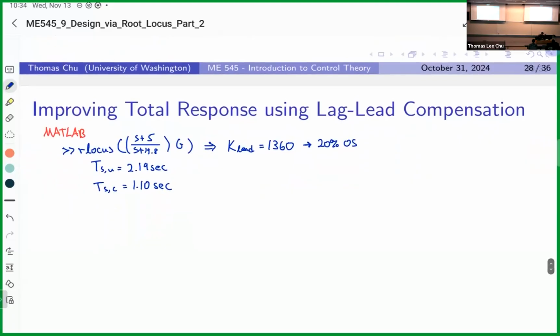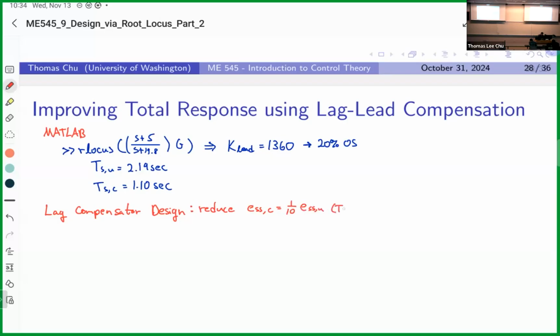So then what we're going to do now is add a lag compensator. We want to reduce ESS: the ESS of the compensated system should be 1 over 10 of the uncompensated system.